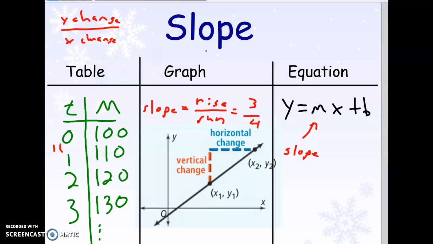So in our table, we can see that our x values, which is actually time in this case but is in the place of x, are going up 1, and our money, or whatever this side is, is going up by 10. So that ratio of 10 to 1 is the slope for that table. And graphically, it'd be a really steep line. But the thing I want you to remember here is that in a table, it's just a ratio of change between the two variables, with y change on top, x change on bottom.